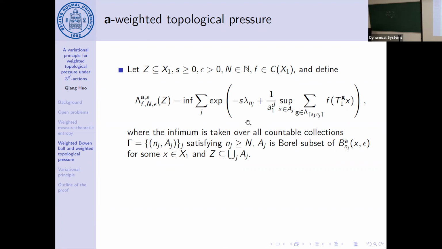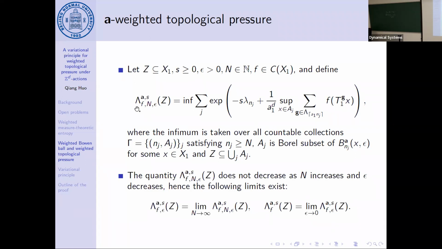Where the infimum is taken over all collections gamma equals {n_j, A_j}, satisfying that n_j is bigger than N, and A_j is a subset of the weighted Bowen ball for some x, and they compose a cover of the subset Z. From the definition, one could prove that this lambda is an outer measure.